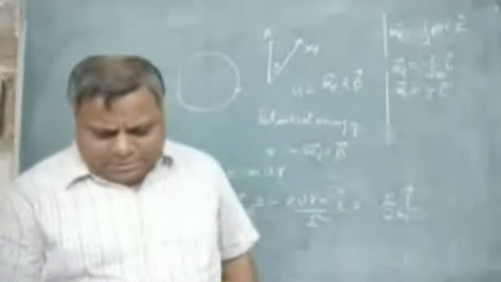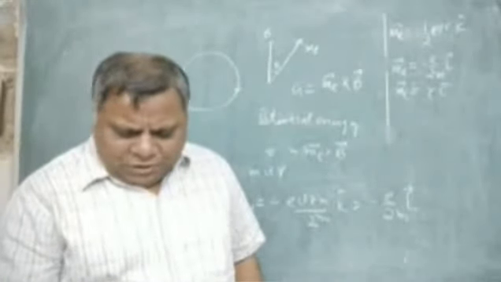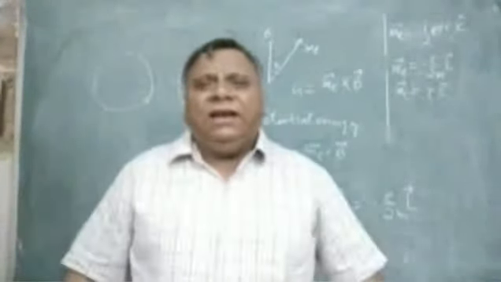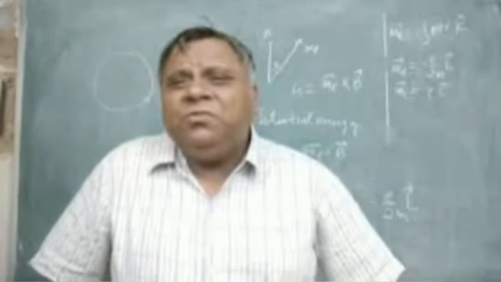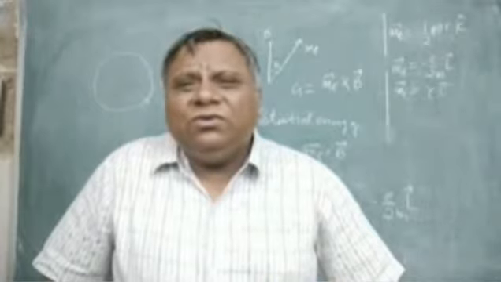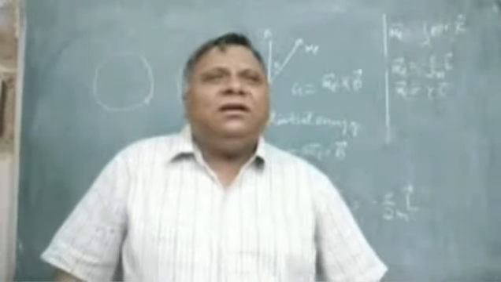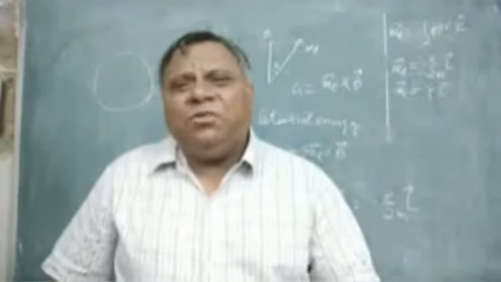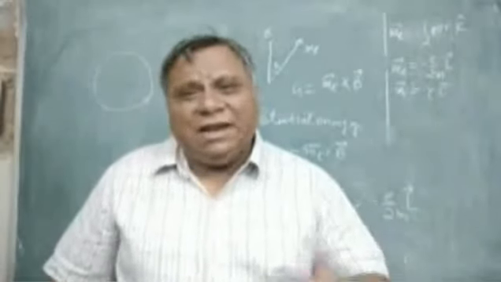For example, consider the case of an electric dipole. If you put it in an electric field, you already know that there is no angular momentum associated with an electric dipole.